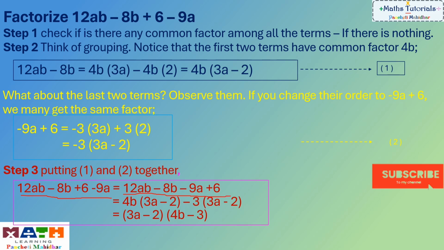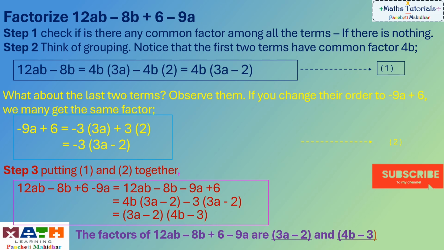For the first two terms, 4b into 3a minus 2, minus 3 into 3a minus 2. In these two terms, 3a minus 2 is the common factor. 4b minus 3, we got the factor. The factors of 12ab minus 8b plus 6 minus 9a are 3a minus 2 and 4b minus 3.